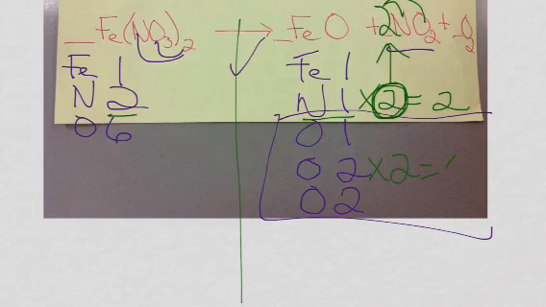It has to be the O that has a 2 with it. So now we have 4 there. So that fixes FE, still good. Now N is fixed. So now we want to add the O's together. So we have 4 plus 2 plus 1 is 7 on this side, and only 6 on this side.